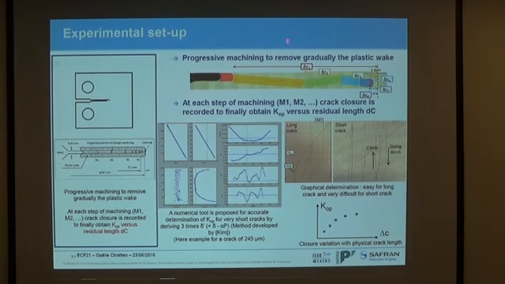So here you can see a long crack. We remove first the red part and measure K opening for the delta C1 residual crack length. Then we remove the yellow part here and measure crack closure for delta C2, etc. As you can see, the determination of crack closure is quite difficult for small, short crack compared to long crack here.